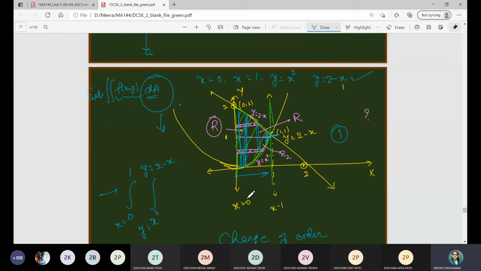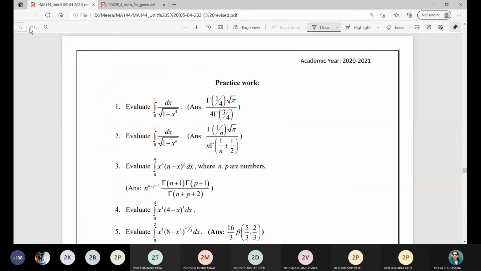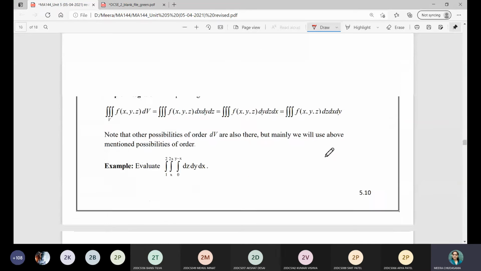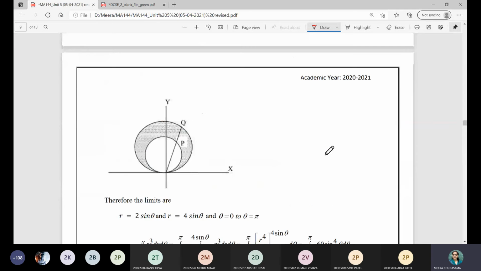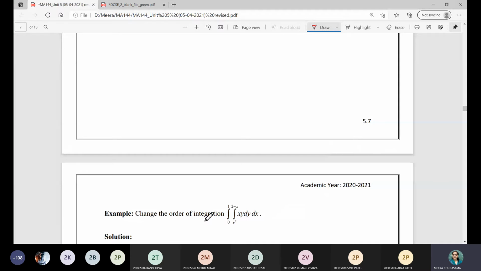Okay, so let us consider this example now. Change the order of the integration and evaluate it. That is the example we have.